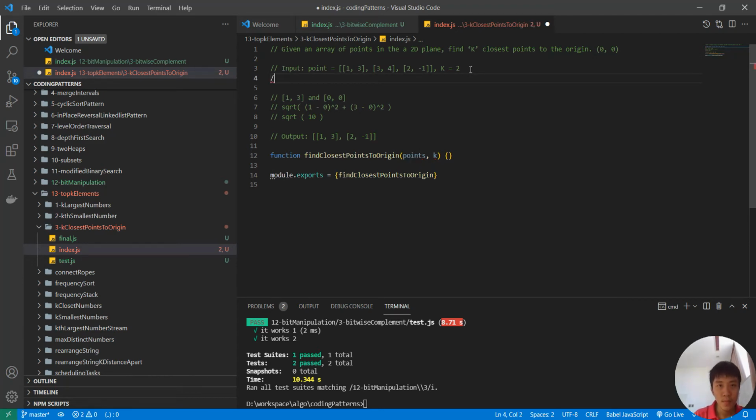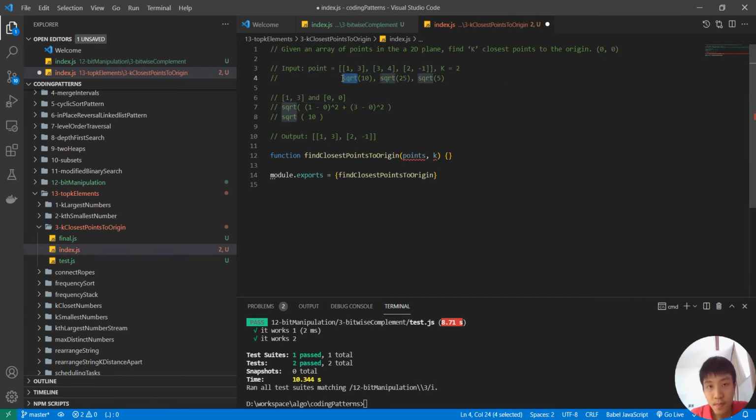So let's say we have three distances in total, 3 points, so 3 distances. Square root of 10, the next one is square root of 3 square is 9, 9 plus 16 is 25. Here 4 plus 1 is 5.